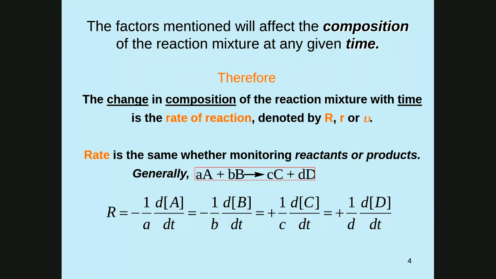Keep that in the back of your mind. Now, all these factors that were listed earlier, including light, will affect the composition of a reaction mixture as time progresses, as the system approaches equilibrium. So increasing the concentration, for example, will speed up the reaction.